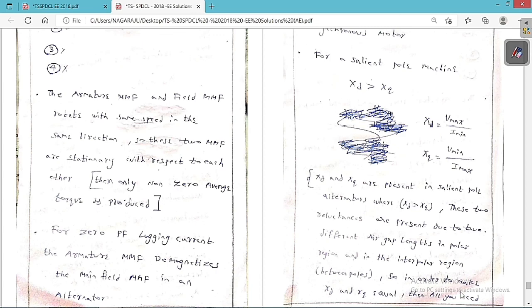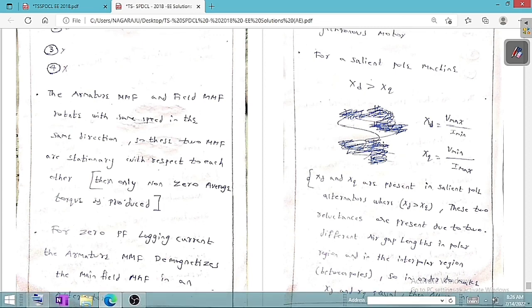Because of that we get two reactances, the direct axis reactance and the quadrature axis reactance. The axis on the poles is called the direct axis, and the axis perpendicular to the direct axis is called the quadrature axis.